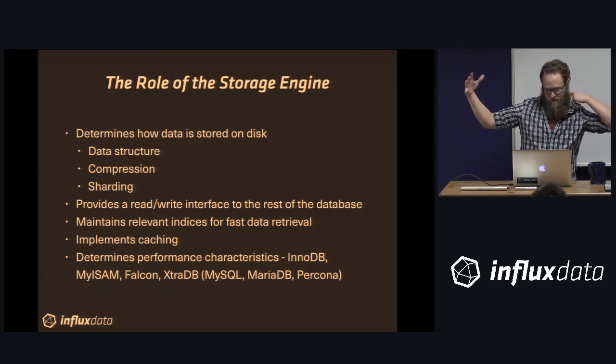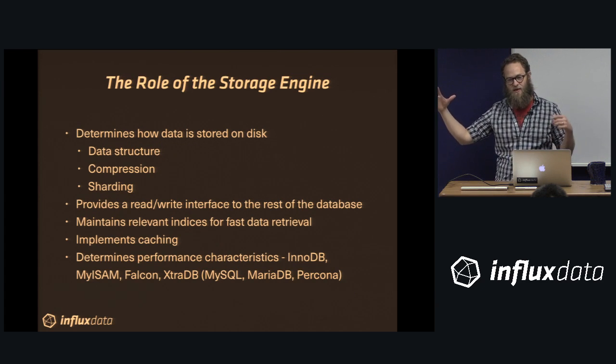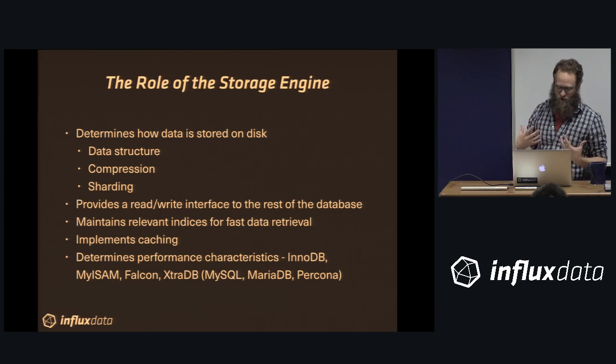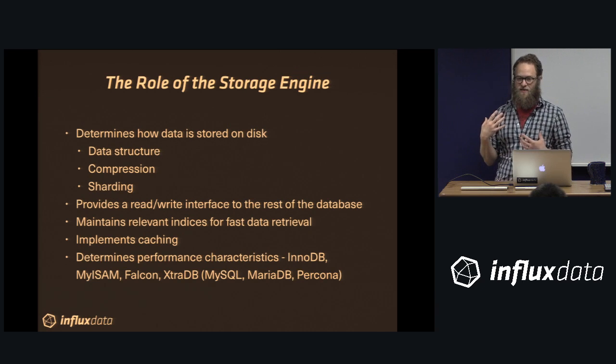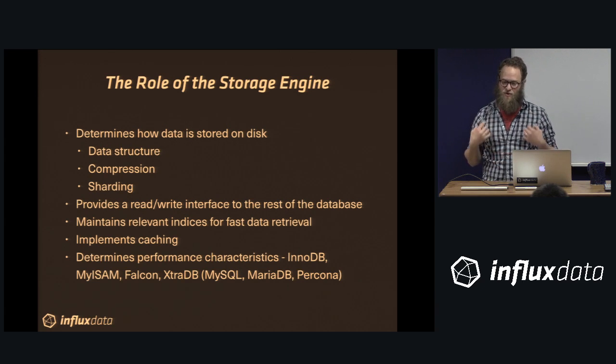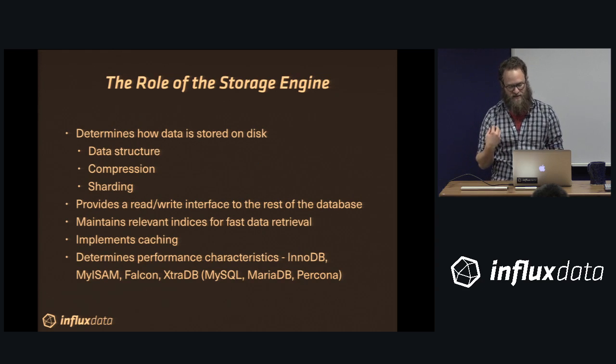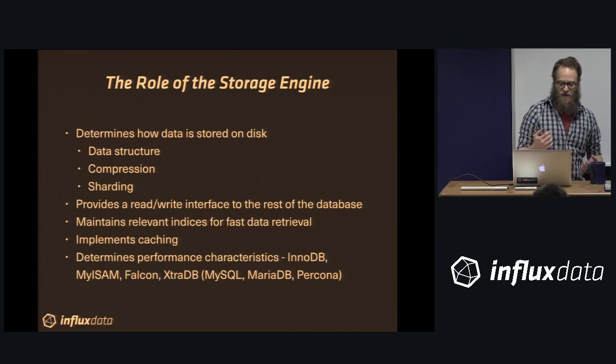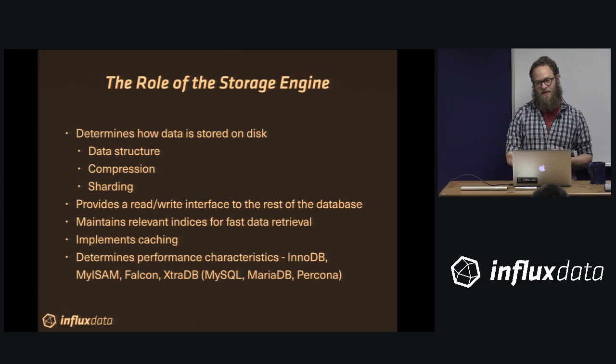At a higher level, the storage engine is what gives the rest of your code a read-write interface to what's on disk. You give it points in InfluxDB, you ask for points when you're issuing a query, and the storage engine makes sure things get persisted and get back to you when you ask for them. It also handles indexing, so the indices that InfluxDB and basically every other database use are part of the storage engine.